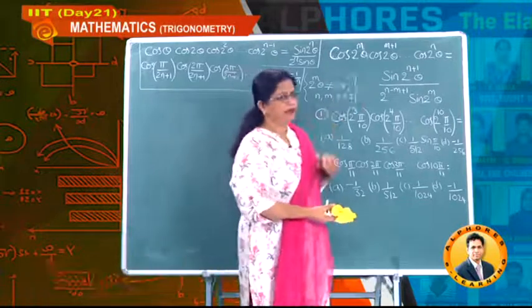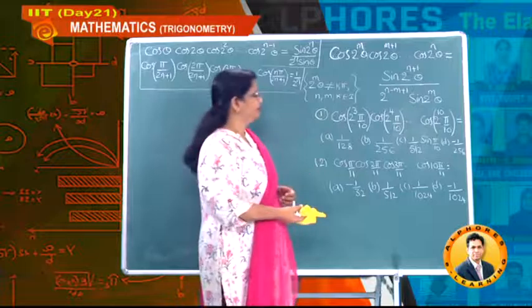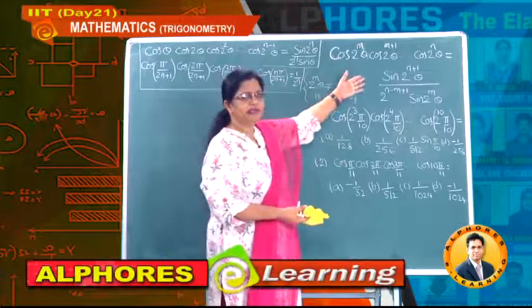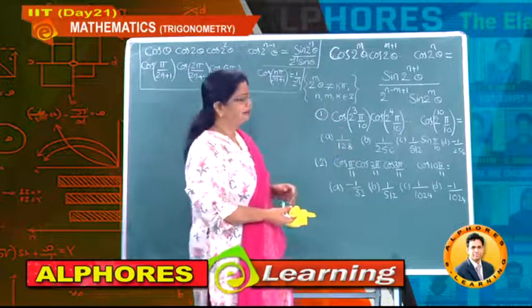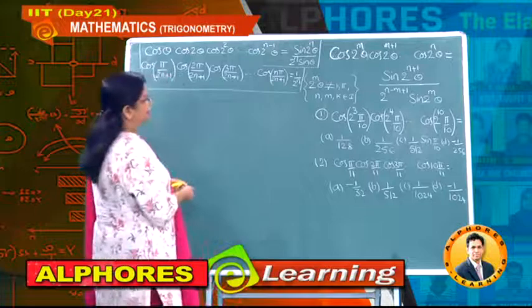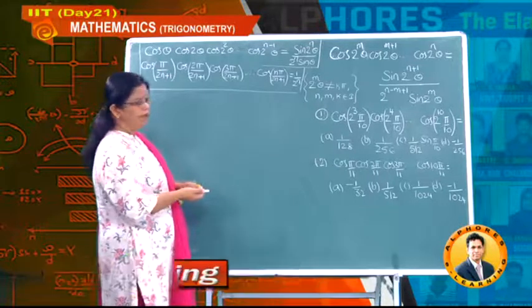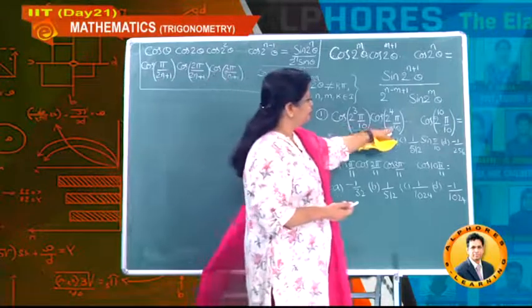Otherwise, if you don't want to use this, we can do the problem in an easy method. One method is to directly make use of this, and I am doing the other way also, where you can get the answer in a simple way. What is the value here? The first angle, that means the least among all the angles. These are our angles.